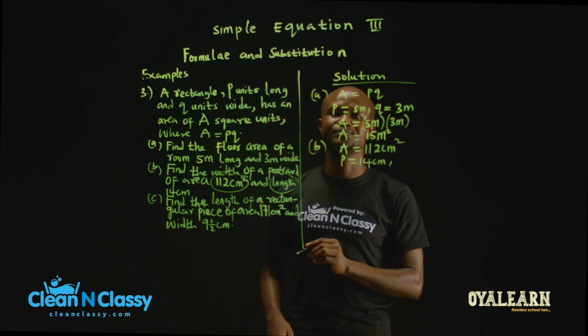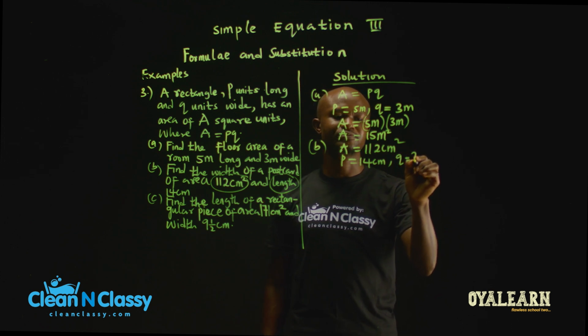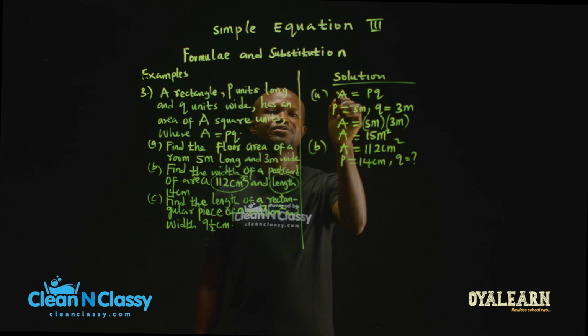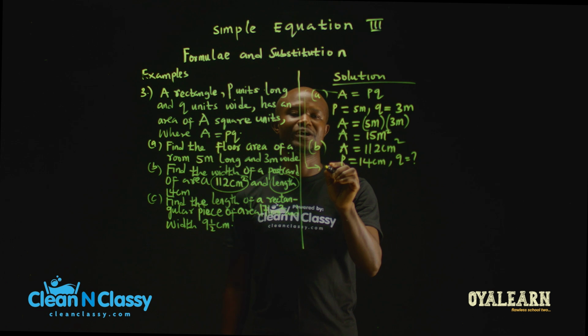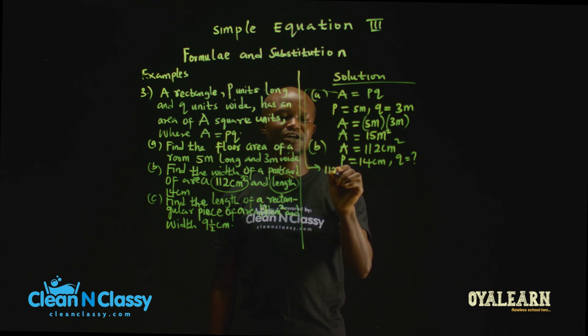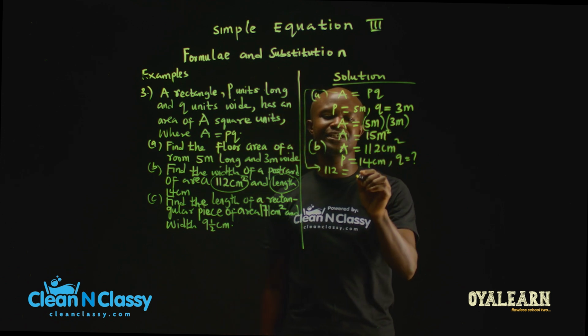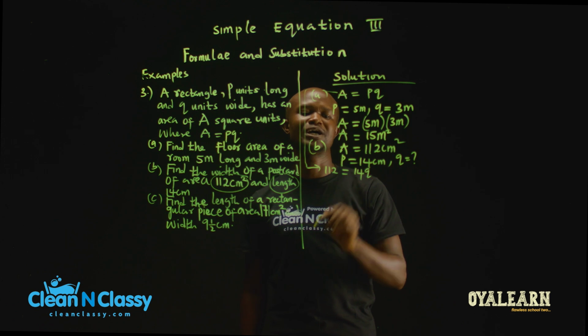What are we looking for? We want to find Q. So in this case, we substitute into the formula again. We have 112 equals, anywhere we see P, we put in 14, then we have 14Q.